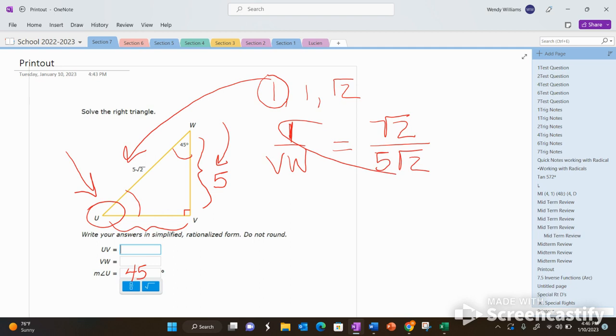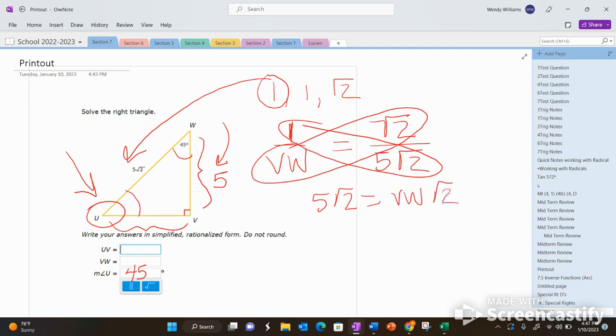Cross multiply and solve. 5 square roots of 2 times 1 is 5 square roots of 2. And the distance of VW is VW times the square root of 2. How do we get the distance of VW by itself? Simply divide by the square root of 2. And the distance of VW is nothing more than 5.